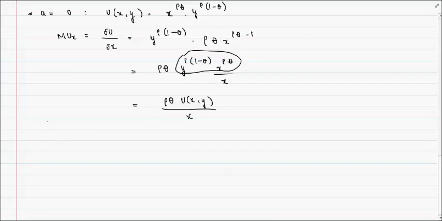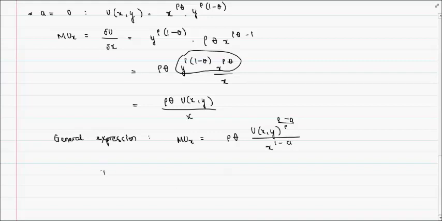So the general expression is where marginal utility of x equal to rho theta utility of x and y to the power of rho minus a on rho, and everything divided by x to the power of 1 minus a.